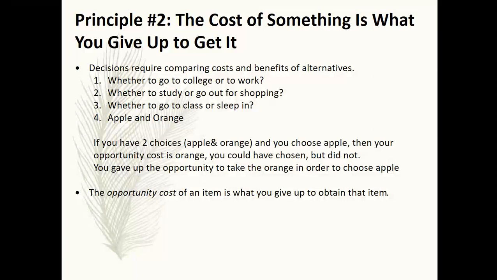Decisions require comparing costs and benefits of alternatives: whether to go to college or to work, whether to study or go out for shopping, whether to go to class or sleep in, apple and orange. I'm going to explain the last one, that is apple and orange.